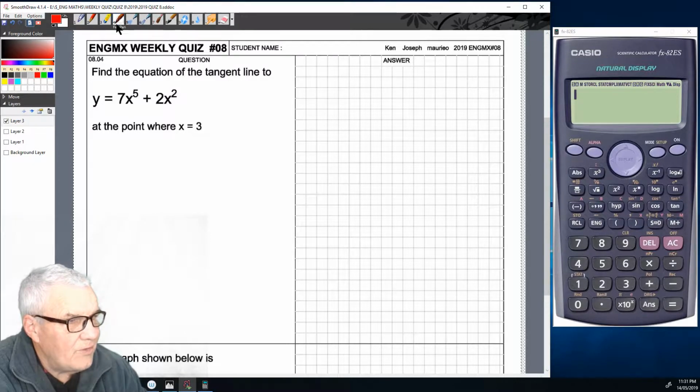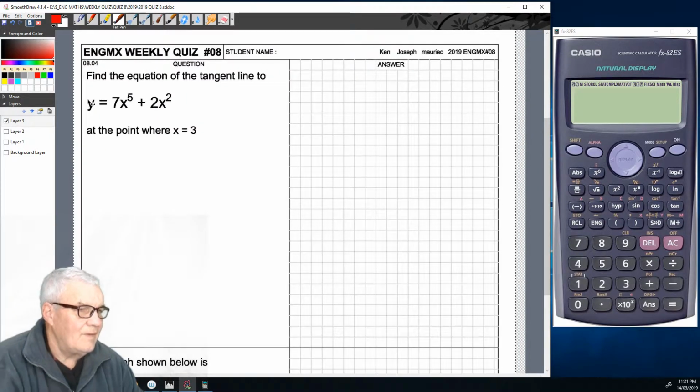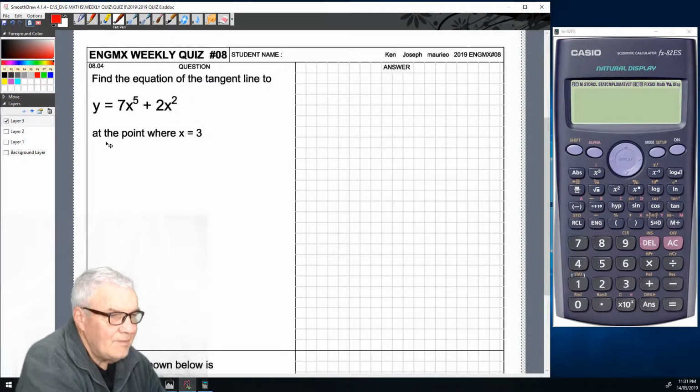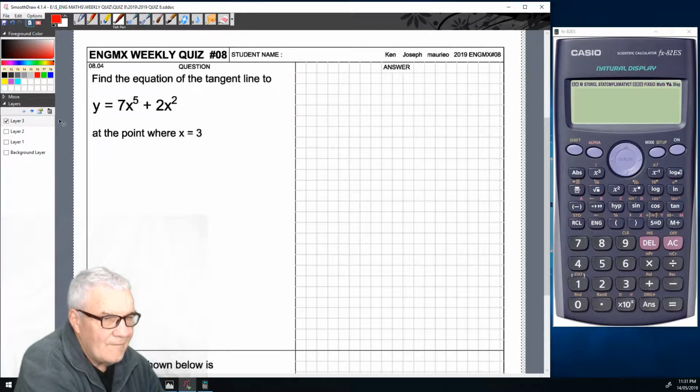we need to get the felt pen going here. Layer 3, what's going on here?